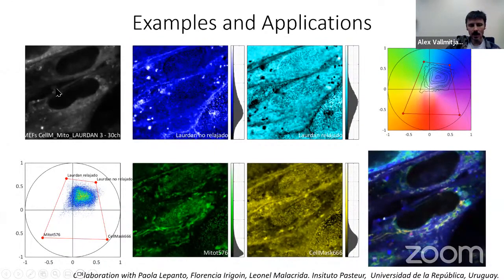You have a single measurement here, and it's nice to see how the unmixing has given a high fraction for, say, the mitochondria, or you can start to see the membranes in the 4th component. And what we did is use the unmixing to separate the contribution of the other 2 dyes to go back and have just a pure proportion of relaxed versus non-relaxed Laurdan.